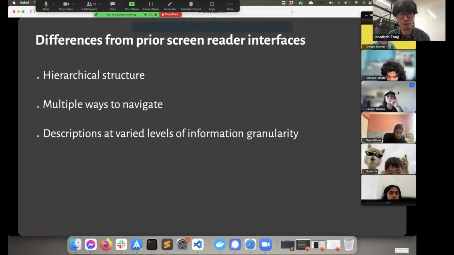And it's something that we realized was really important when we started evaluating, because like you said, different people will find different kinds of information more important depending on even what they're trying to do or what information they're looking for.